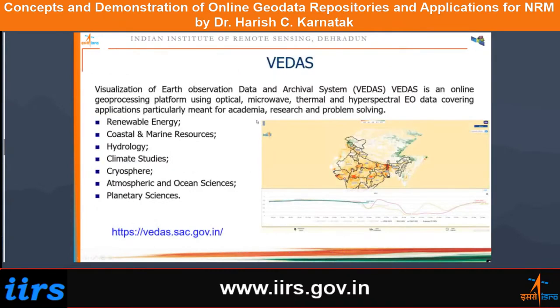So we focus on the academic and research point of view, and you can get data on renewable energy, coastal and marine resources, hydrology, climate studies, cryosphere, atmospheric and social science, and planetary science data sets, like our planetary missions Chandrayaan 1, Chandrayaan 2, and the Mars Orbiter Mission.